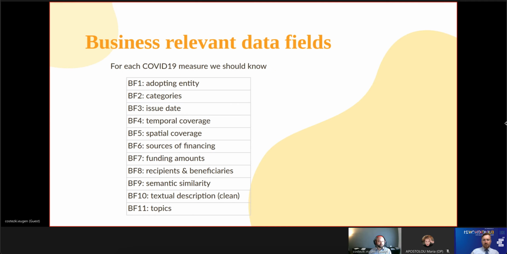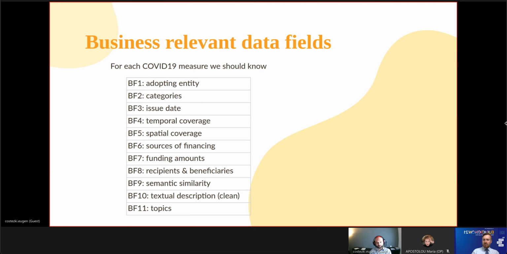Good. So after doing a business analysis, we came up with these 11. We call them business features, or what kind of fields should be available in the dataset.